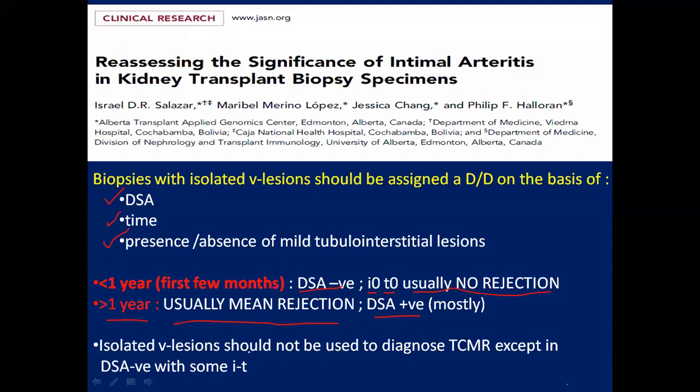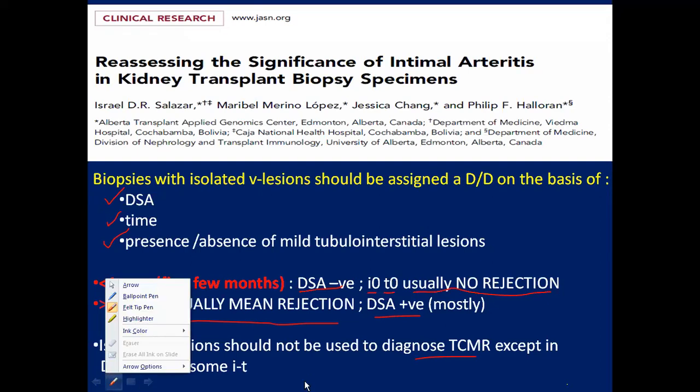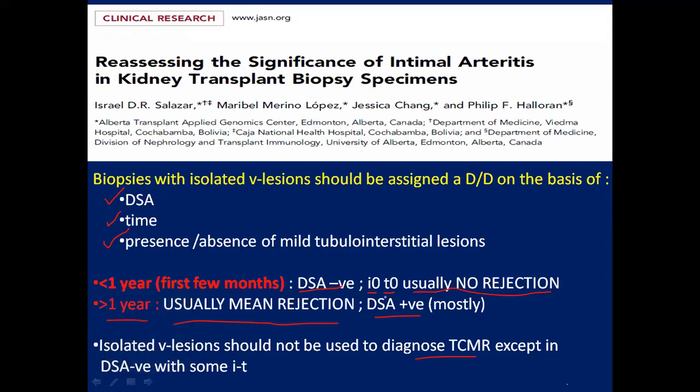So isolated V lesion should not be used to diagnose T cell mediated rejection, except in DSA negative patients with some i or t. That means there has to be some amount of interstitial inflammation or tubulitis whenever you diagnose isolated V lesion and T cell mediated rejection.